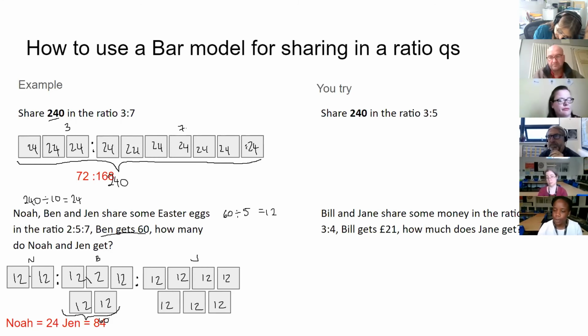So I know that a minute is not a long time, but hopefully you get the idea of using the visual representations of these bar models to help students understand what's happening with the ratios. So these are the solutions here, 90 to 150. And in the second example, we've got Jane, which gets £28.